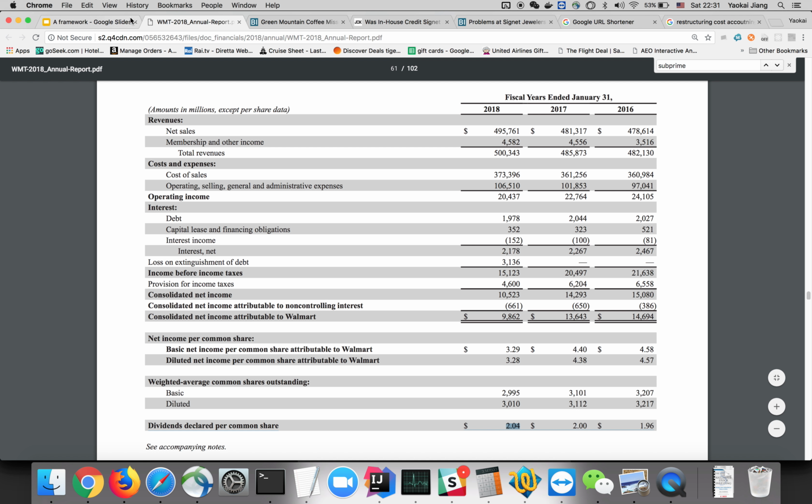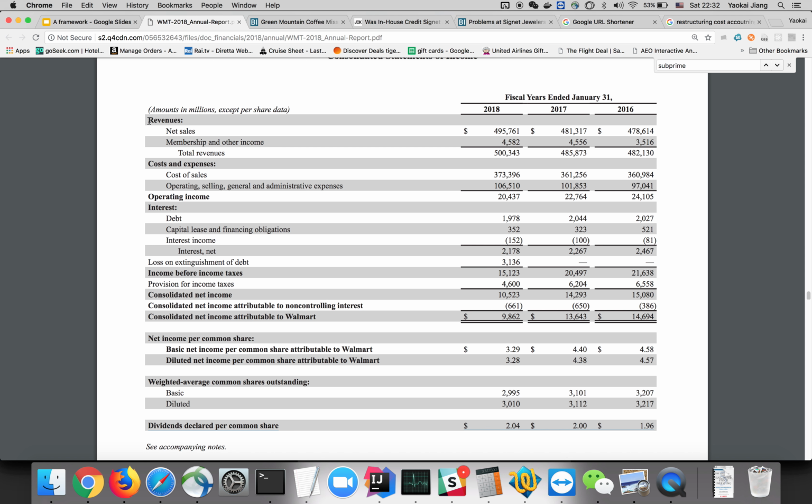Now, let's go through the most important line items. So first, revenue. Revenue should be quite simple, but it's not. It's basically how much stuff you sold, right? So if I sell a hamburger for $5, my revenue is $5. My earnings are not $5. Everybody knows that because I have costs. I have to pay for the hamburger.